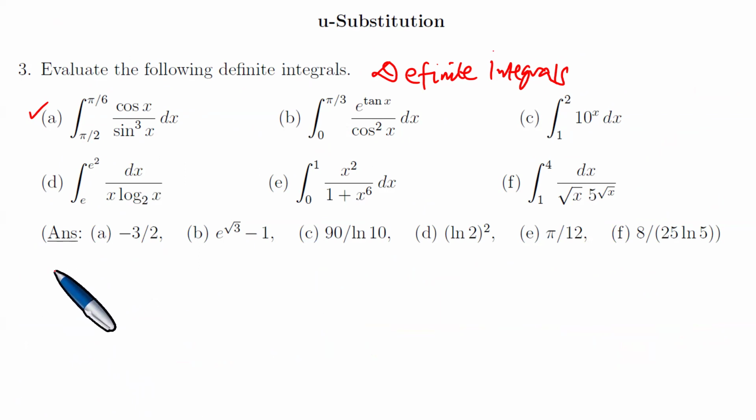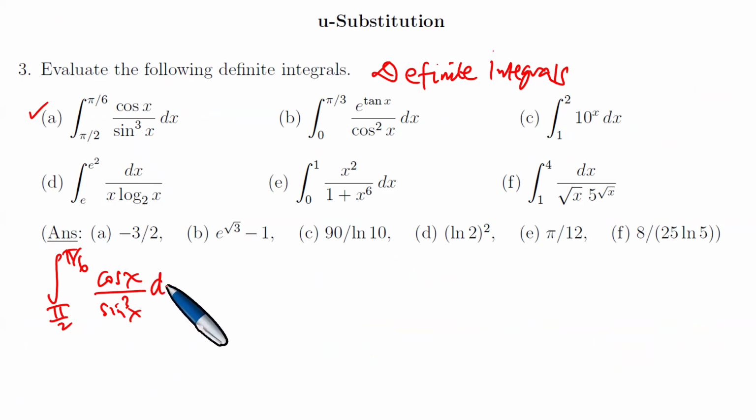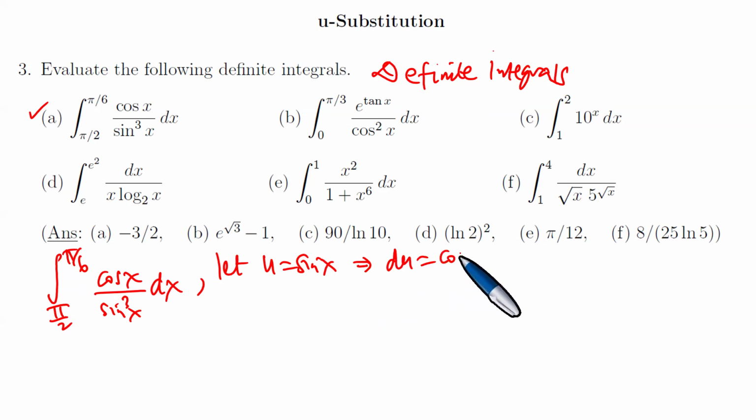Now, you need to check. We're going to do part A, the integral from pi over 2 to pi over 6 of cosine x sine cubed x dx. Let u be the sine of x. Then du is cosine x dx.